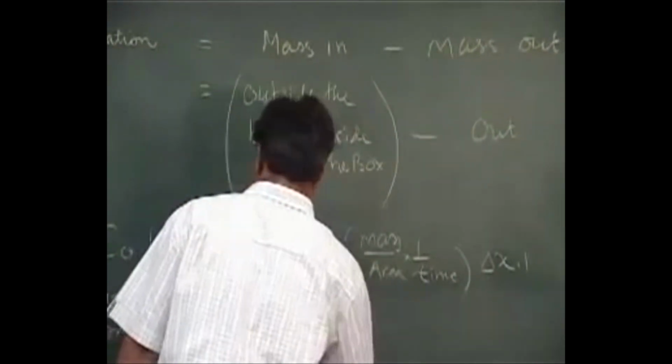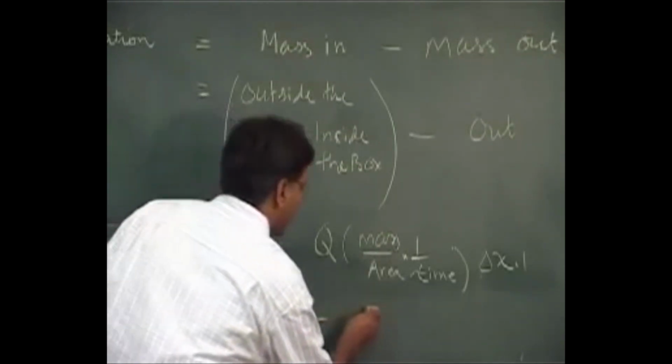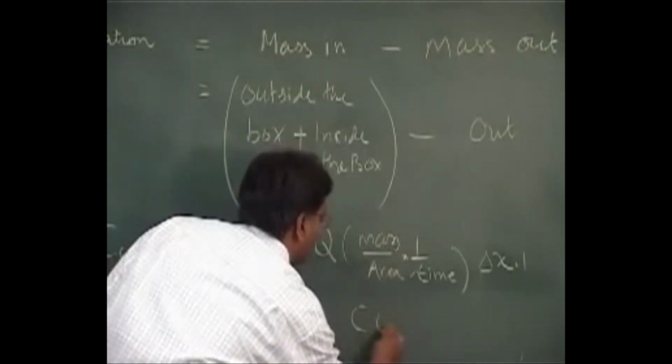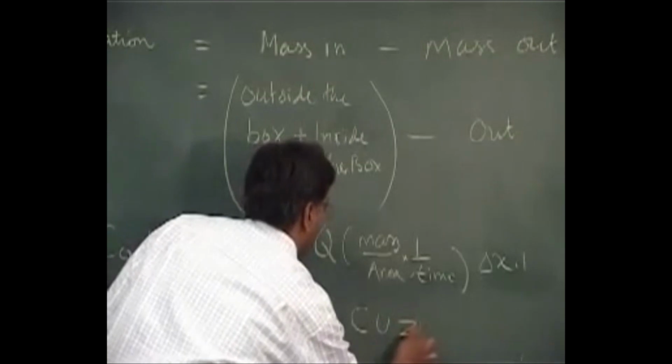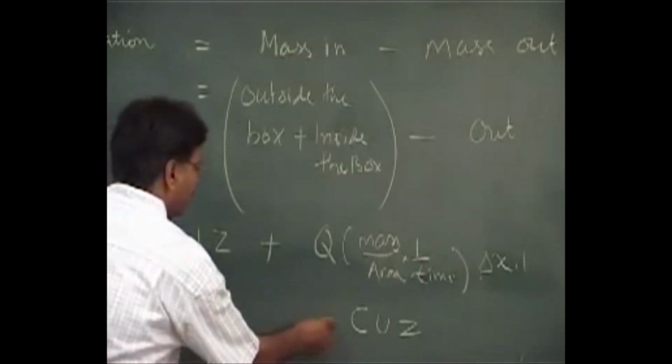Plus or minus, how much is going out is, let's say, a concentration which is a completely mixed reactor. We are saying C is the concentration in the box, because wind speed is the same.